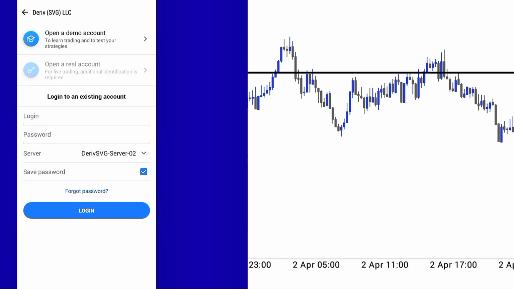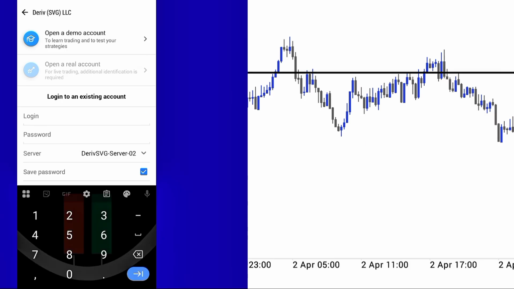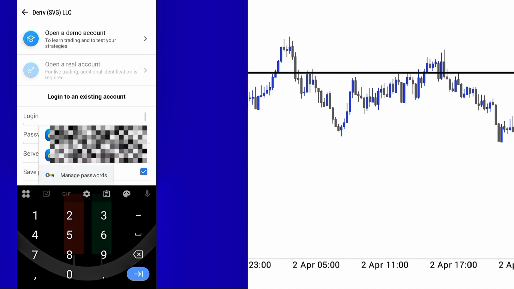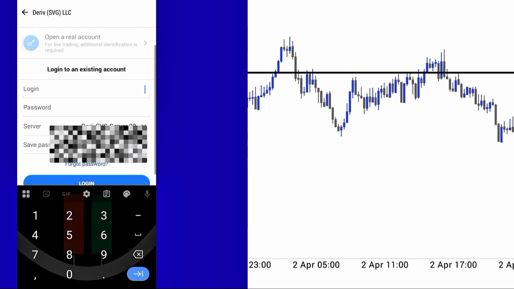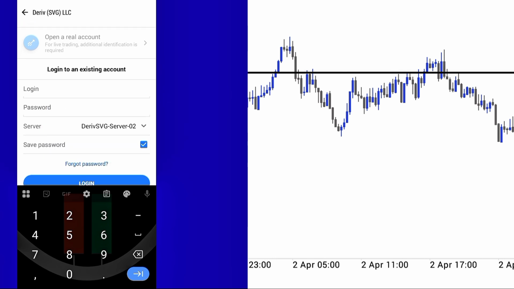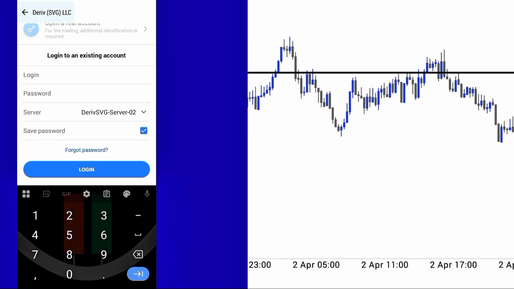You'll be given the server on your Deriv account when you open a real trading account. So here you can enter the account number, and then you enter the password, and then you log in.